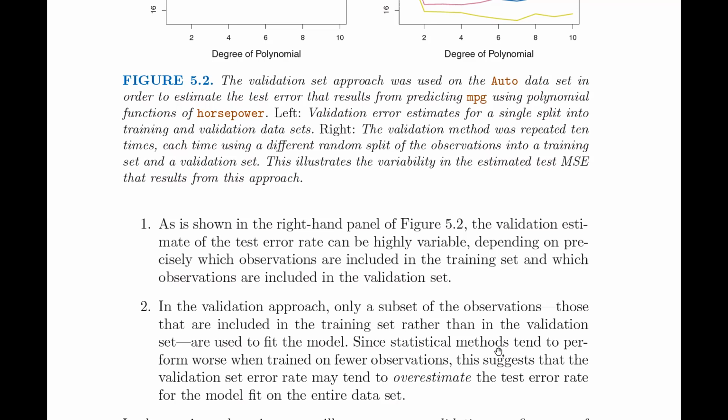Since statistical methods tend to perform worse when trained on fewer observations, this suggests that the validation set error rate may tend to overestimate the test error rate for the model fit on the entire dataset.